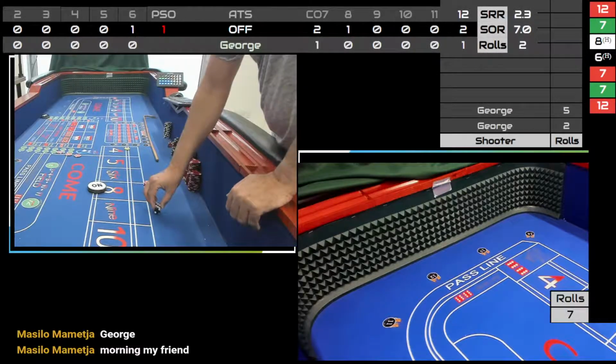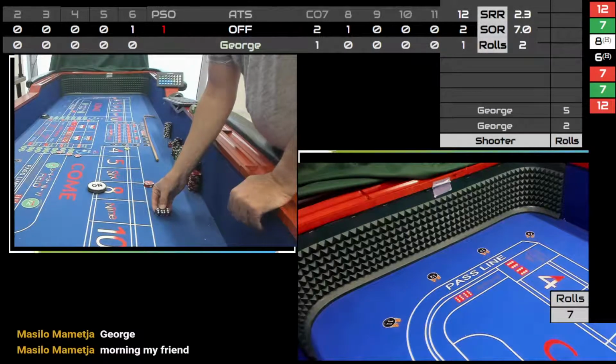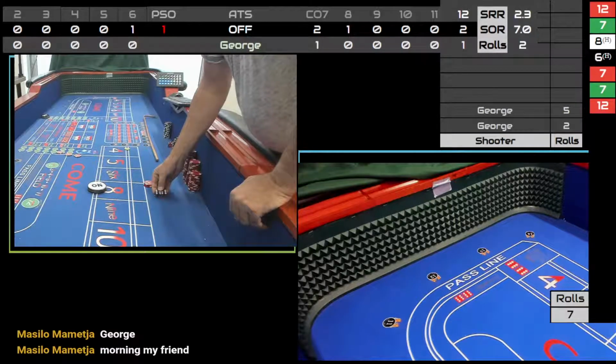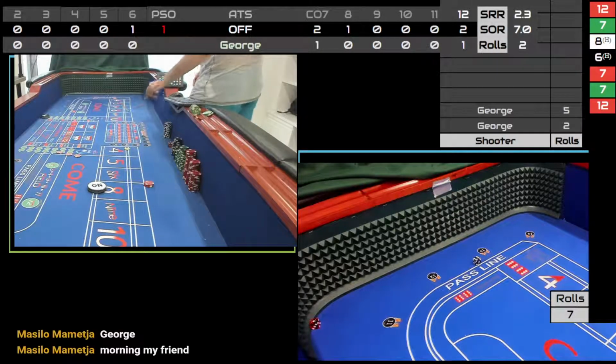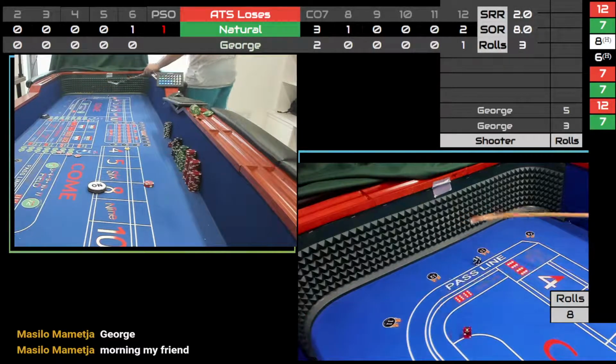Dice out. 6-1 double pitch. We're doing everything that we're not supposed to do.